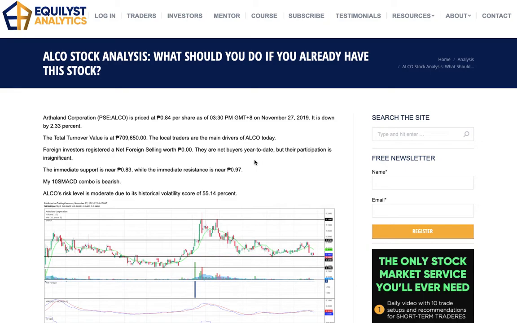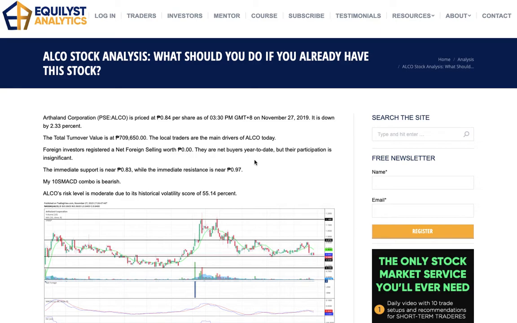But before that, I'd like to mention that it closed today at 0.84 pesos per share, and today's November 27. It went down by 2.33%. The total turnover value is not that significant. In fact, it only closed at 709,000 pesos. Local traders are the main drivers of ALCO for today.